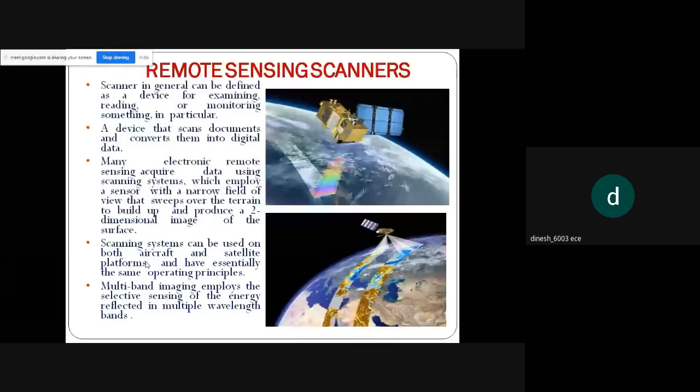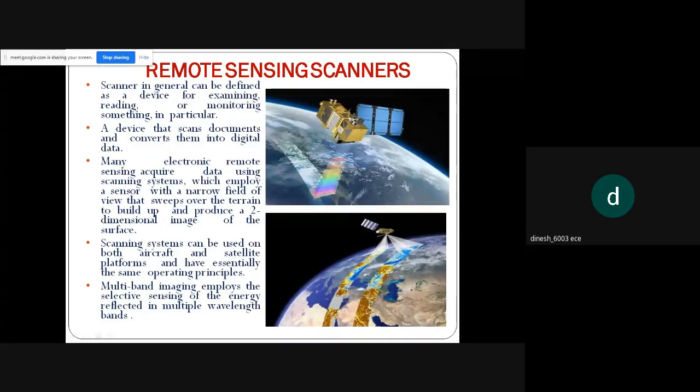So depending upon the application, the equipment being used for data acquisition will also vary. Generally, the equipment used for data acquisition is your scanner. Since it is specifically used for remote sensing, we call it remote sensing scanners.